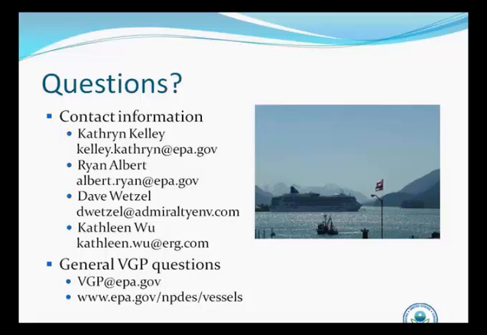Ginger asks, does analytical monitoring of gray water required for cruise ships in Part 5.1 and 5.2 of the permit need to be done by an approved lab? We do include language in the permit that it needs to be done by an approved lab. The reason that language is there is that the Coast Guard currently requires, as part of implementing Title 14, monitoring for certain cruise ships entering Alaskan waters, and they do require a Coast Guard approved lab.